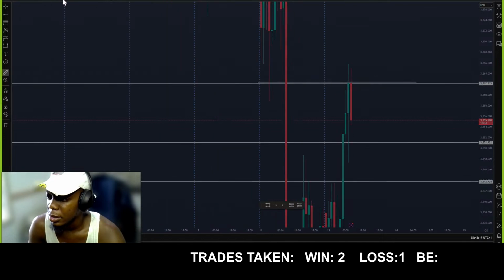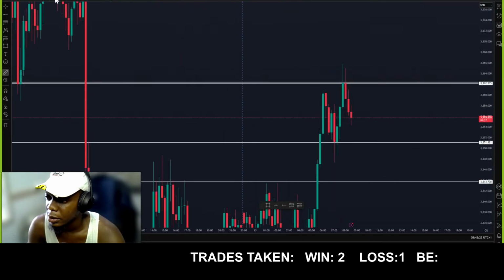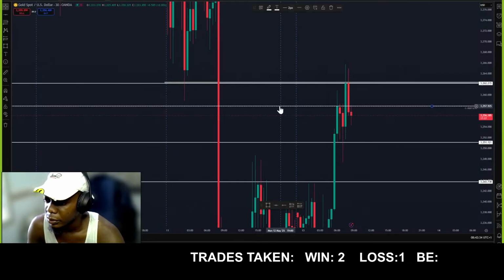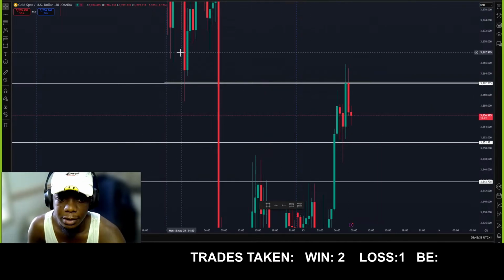And on the 30 minutes, I don't actually think we'll get the opportunity unless we get the 30 minutes closing above this level. But let's wait and see.